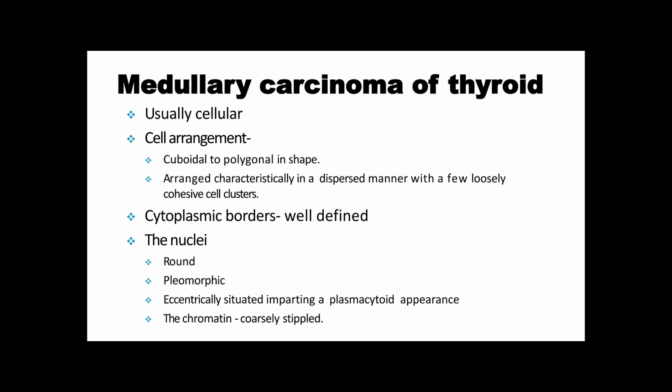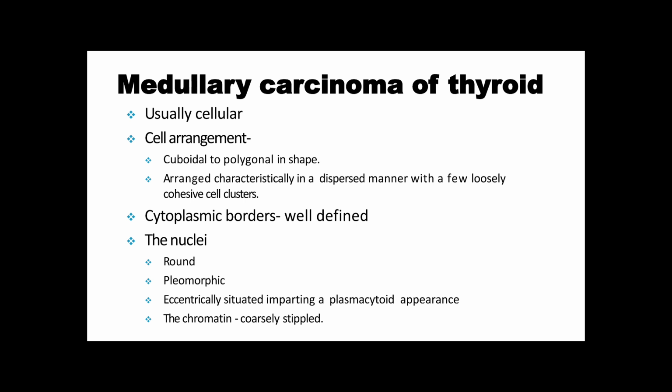When we consider the cytoplasm, these dispersed cells show well-defined cytoplasmic borders. Right? Then the nuclei are round and pleomorphic, but normally round. The sizes vary, and they may be eccentrically situated, imparting a plasmacytoid appearance.